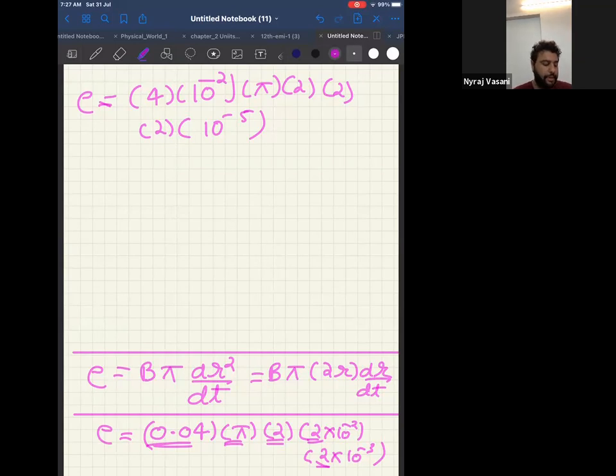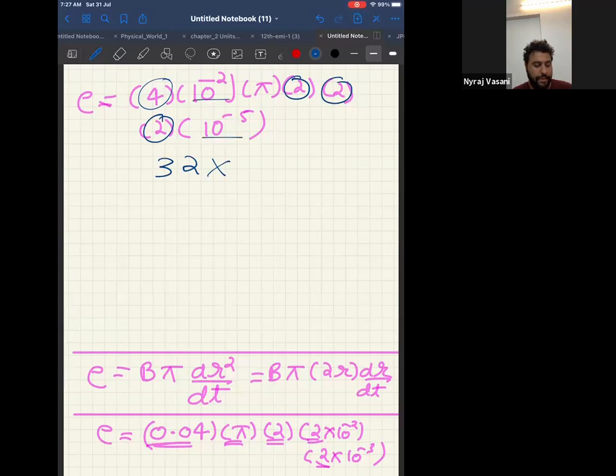So listen to this. So it will become 4 into 2, 8 into 2, 16 into 2, 32 into 10 power minus 2, 10 power minus 5, 10 power minus 7 into pi.